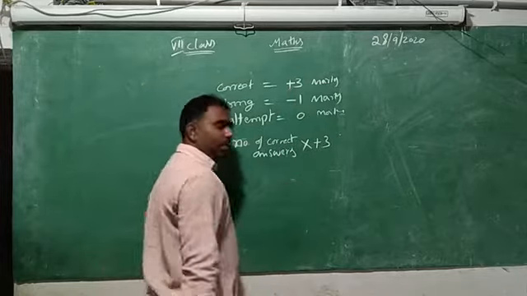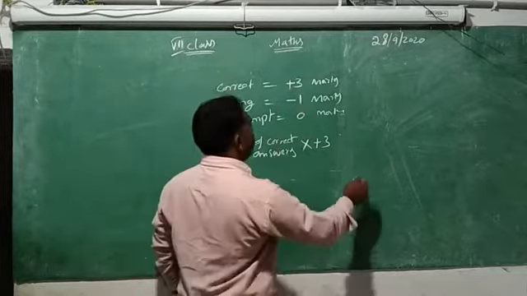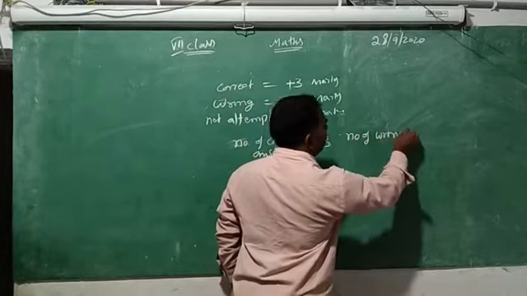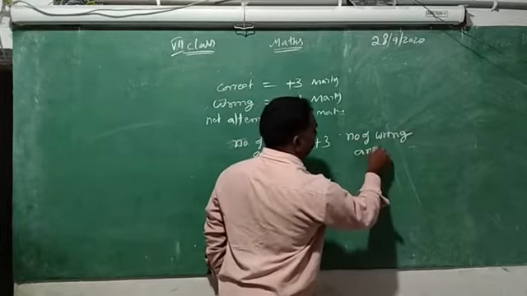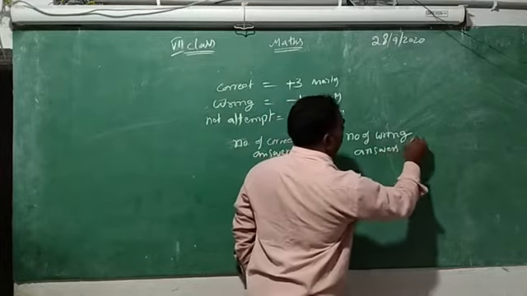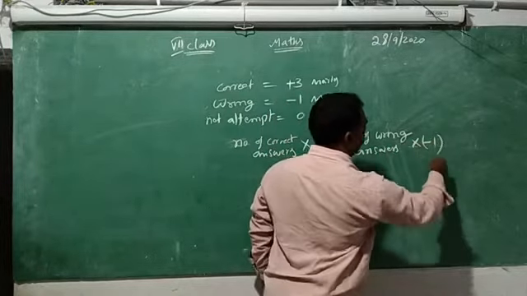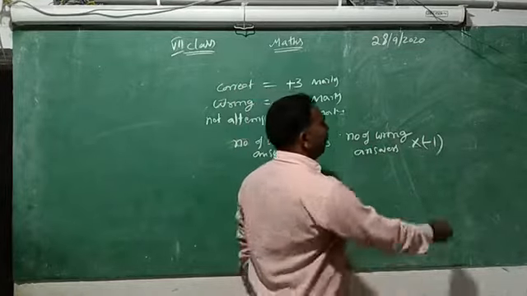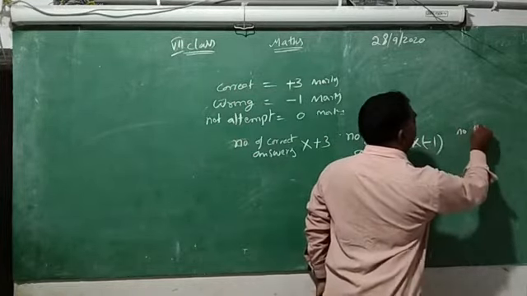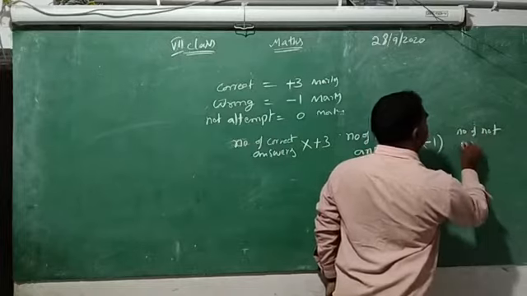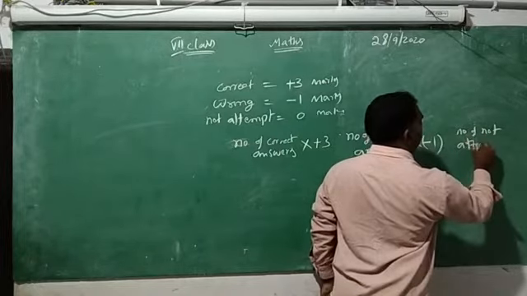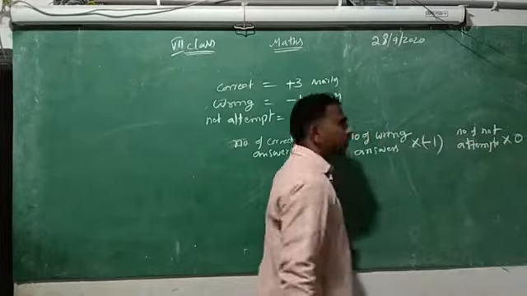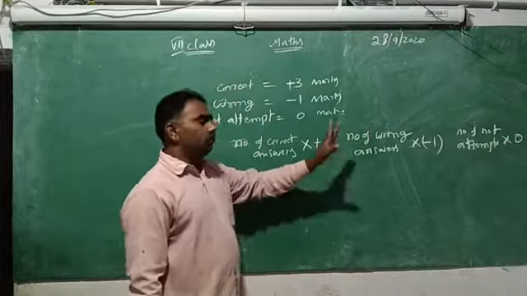Next, number of wrong answers into minus 1, because for a wrong answer minus 1 mark is there. And one more, number of not attempted into 0, because not attempted questions get 0.